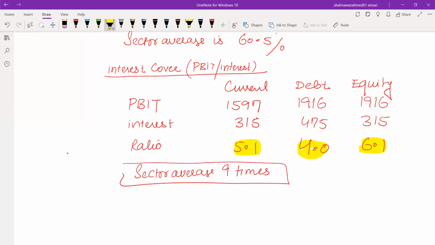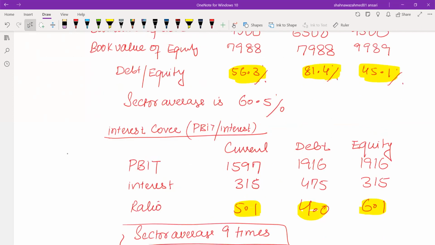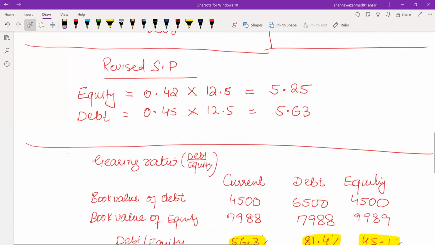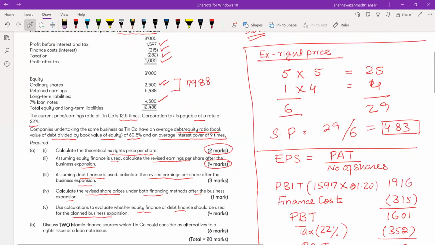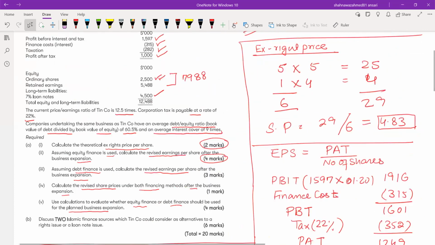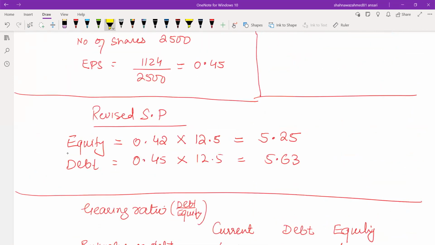As we know, in case of debt financing, the share price is increased, while in case of equity financing, it's only 0.42. My current share price is 5.25. Current share price given in the question is 5. So in case of debt financing, compare this with 5. So we have a capital gain of 0.63.